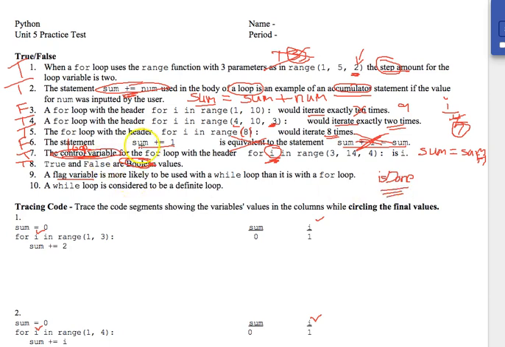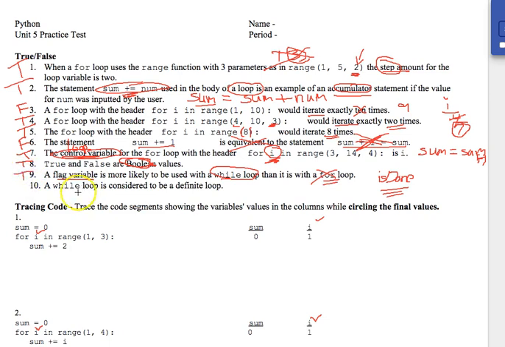Not sum, not I, not num, but something more descriptive of whether something's true or false, because flag variables have to do with Boolean values, true and false. And they're used in indefinite while loops rather than for loops. You hardly ever see a flag variable like isDone being used in the context of a for loop. So number 9 is true.